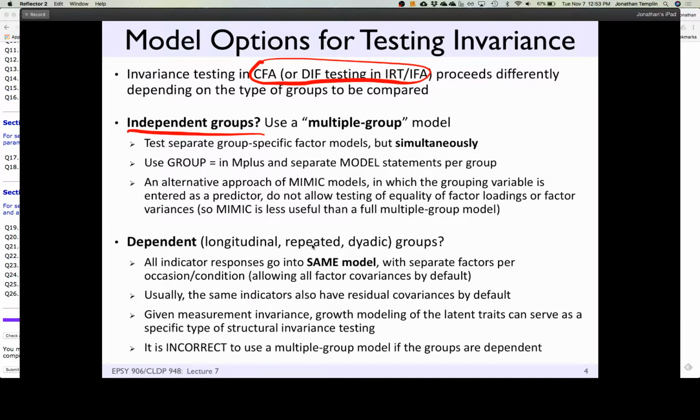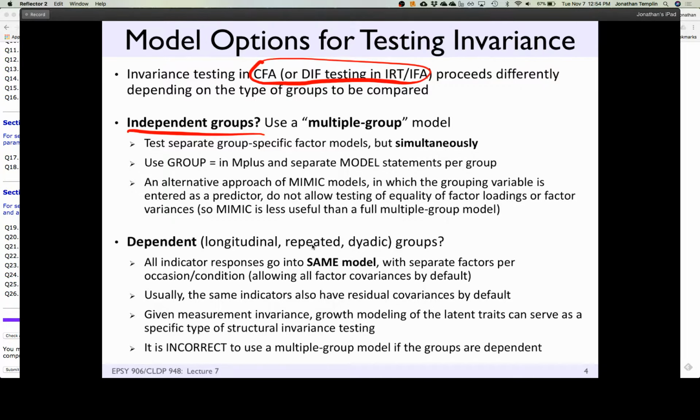Invariance is the positive, whereas DIF is the negative. It's like whether you're an optimist or a pessimist. Measurement equivalence is another way of talking about it, and equivalence and invariance are synonyms with similar meaning.